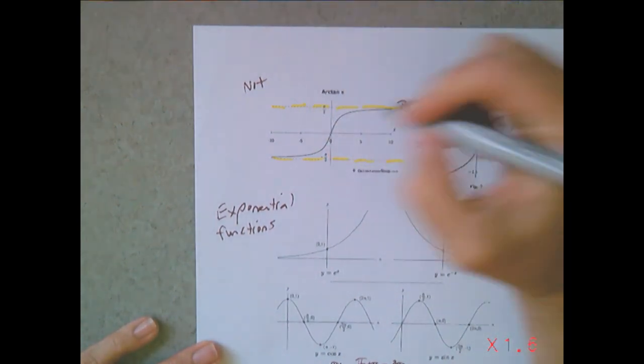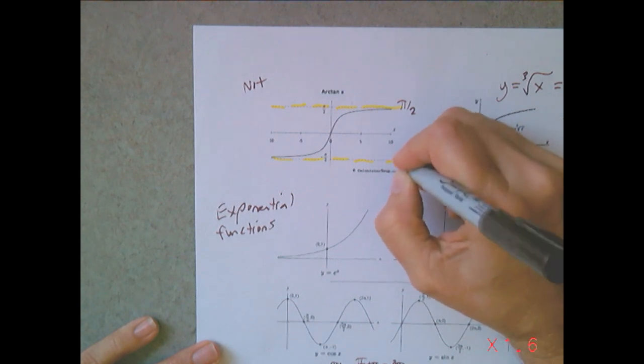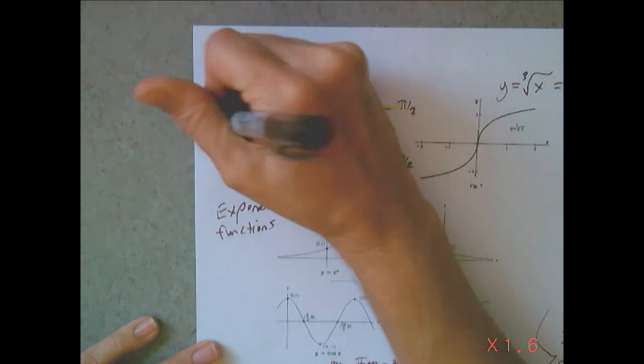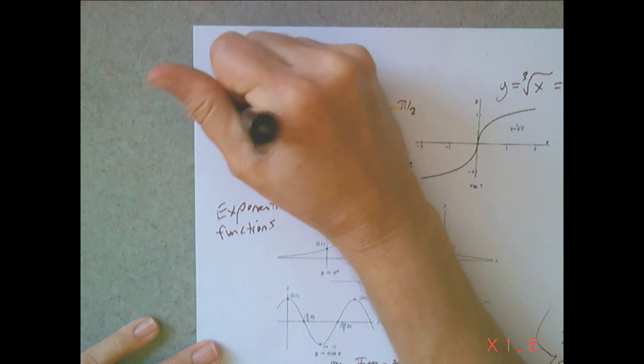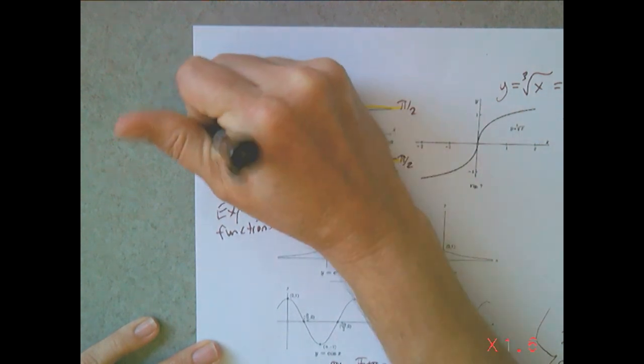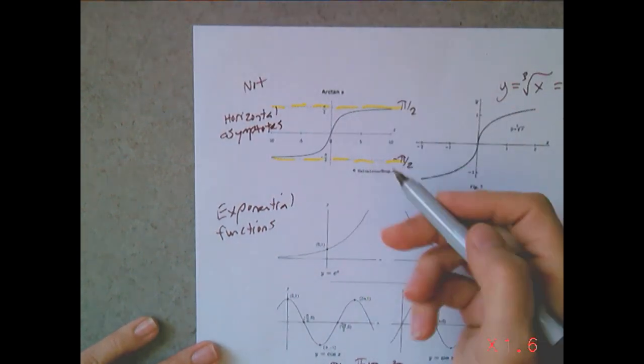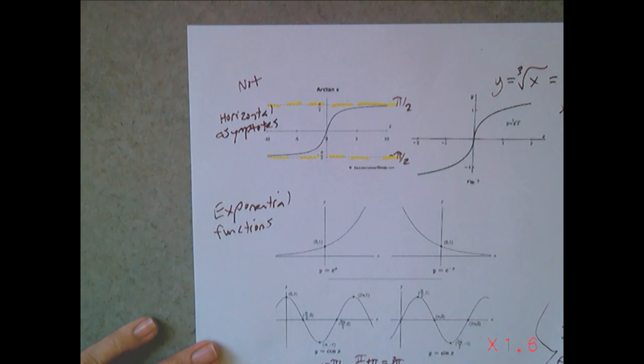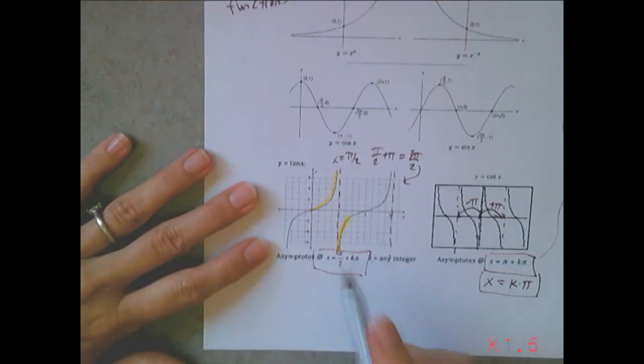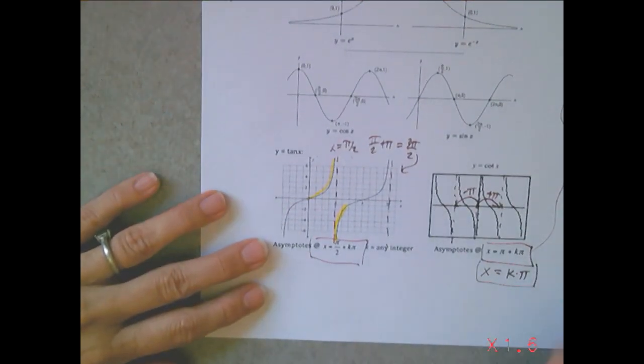This is arctan, and it approaches negative pi over 2. So this is a horizontal asymptote. And so some graphs have both. Some graphs have both horizontal and vertical asymptotes. This one just has a couple of horizontal asymptotes. Okay, and these are just vertical asymptotes down here.